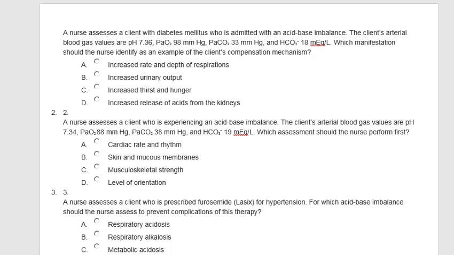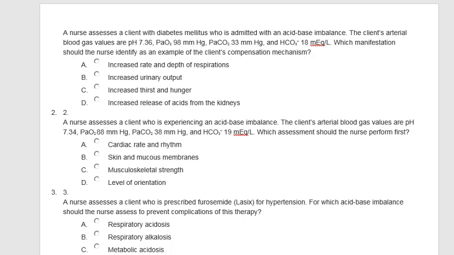It's less than 7.4, so it's still a little bit on the acidotic side. We have a CO2, which is 33. Okay, so it's a little bit low, so there's a little bit too much of it gone. And then we have a bicarb of 18, which is also low. Okay, so we've lost the bicarb.